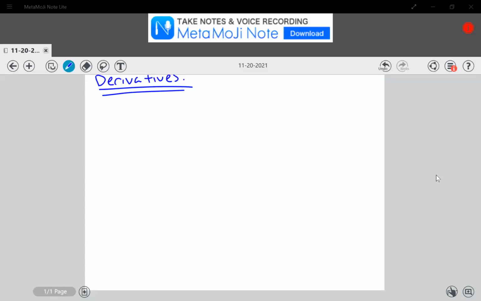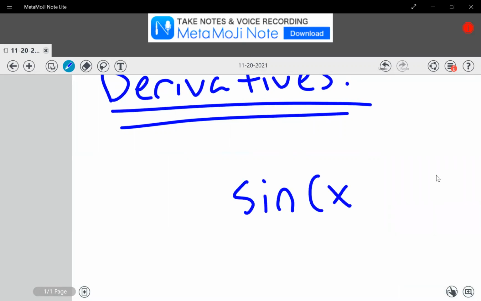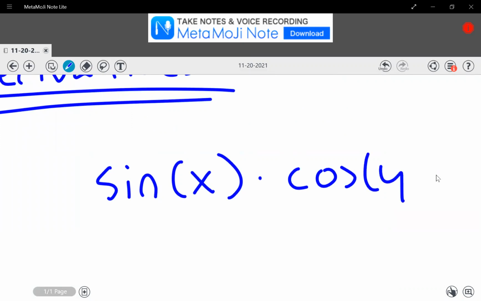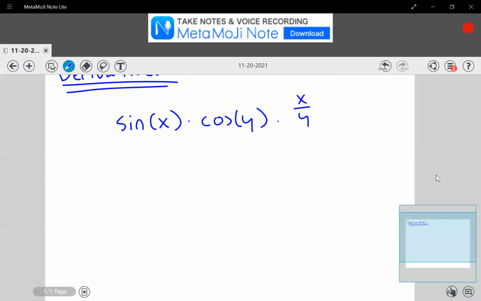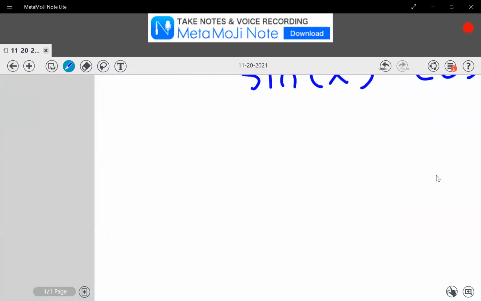All right, so now let's look at what they call higher order partial derivatives, which I think they just mean finding the second derivative. Let's say we have this function here, sine of x times cosine of y plus x over y. And we're just going to find the second derivative with respect to x because I'm actually kind of tired. It's almost 4 a.m. Let's go with f with respect to x.